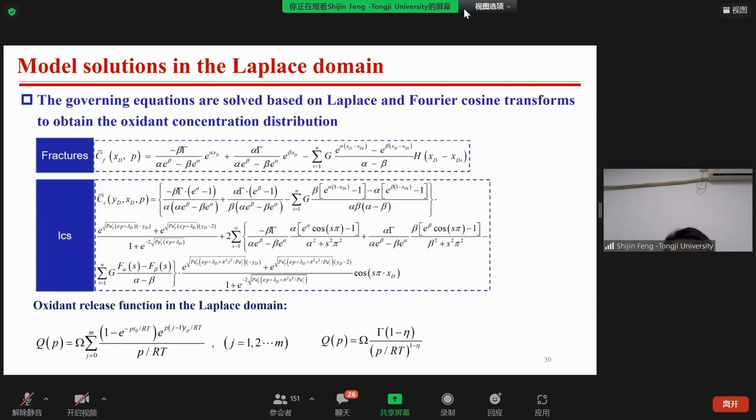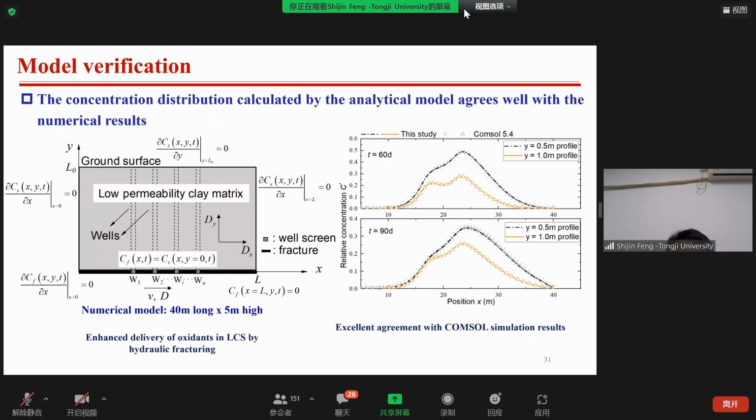The governing equations are solved based on the Laplace transform in the time domain and the Fourier cosine transform in the space domain. Periodic injection and slow release oxidants can be considered. Comparing the agent concentration distribution calculated by the present model with the numerical results, we can see the results agree well and verify the solution.